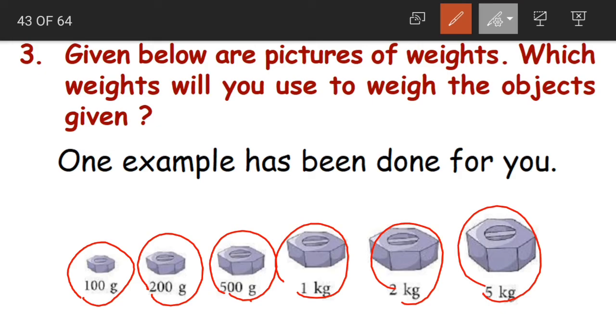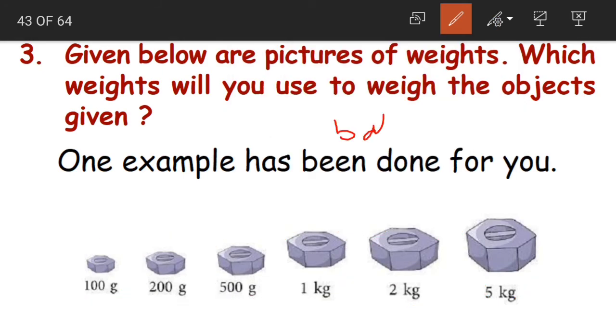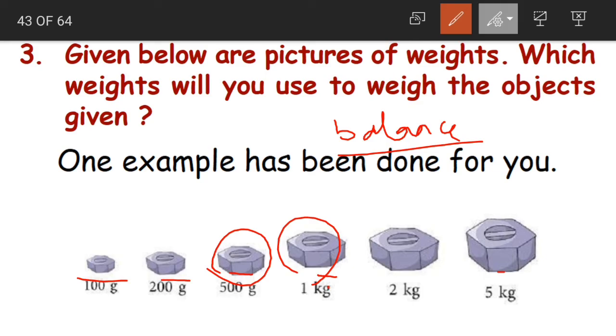So these are the weights that we have, children. Again, if you remember from the simple balance and pan balance, what did I say? We put these weights in one pan and the object in the other pan. Yes, the weight of these stones and also the weight of the objects should be equal.